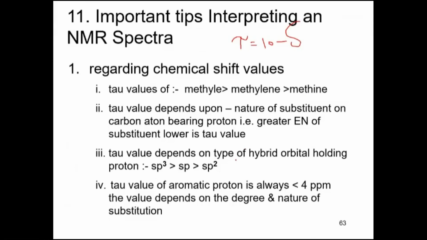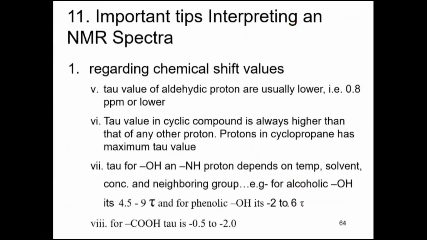So tau value depends on the type of hybrid orbital holding the proton. So sp3 has the higher value, followed by sp, followed by sp2. Tau value of an aromatic proton is always less than 4 ppm. So if you talk about delta value, it will always be more than 6 ppm. Okay, and tau value depends on the degree and nature of the substitution. We are still in the first set of rules.